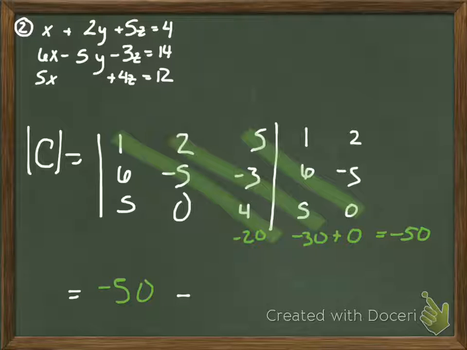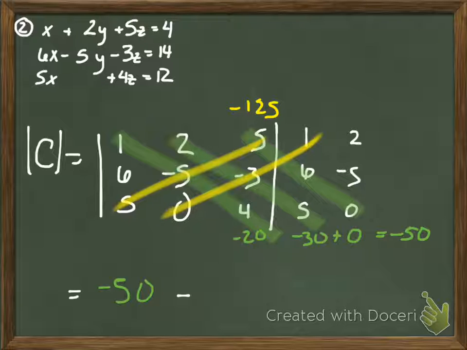And then we're going to do our ups. Our first up is negative 125. The next up is 0, and the last up is 48.